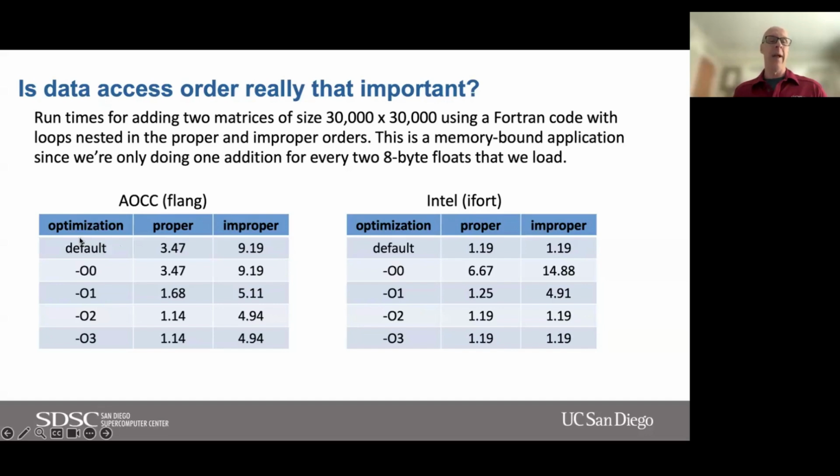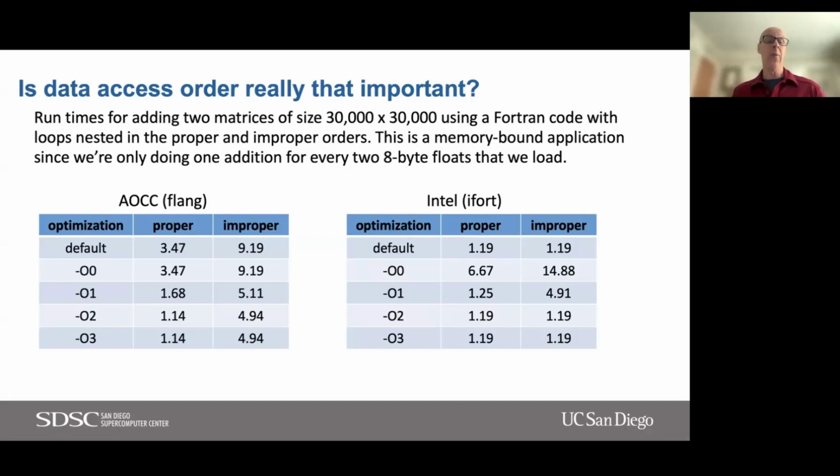Let's look at the table on the left. For the AMD compiler, you'll notice that when I have the proper loop nesting, my performance is always better than when I have improper loop nesting, and the performance increases, or the runtime decreases, as I increase the optimization level.